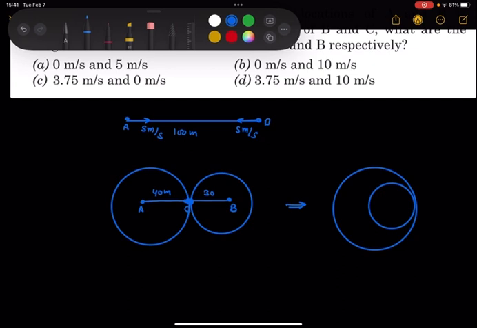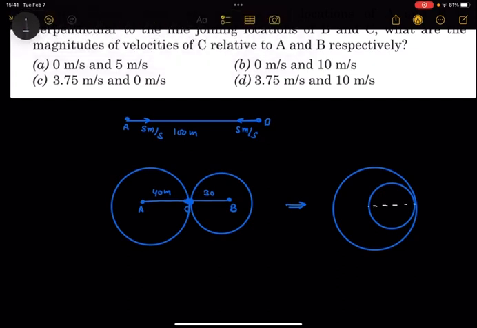So if there is a 40 meter and a 30 meter circle, and this is the point A and this is the point B, and the particle C is located here, then from A this distance is 40 meter and this distance is 30 meter. So just think, here the separation between A and B is 70 meter. And here the separation between A and B is 10 meter.